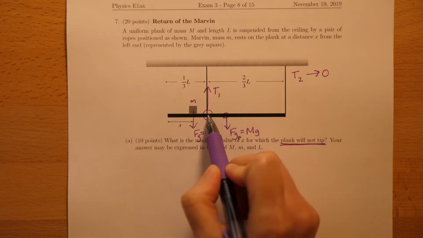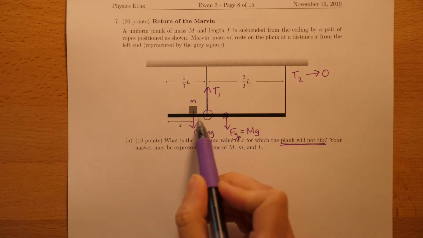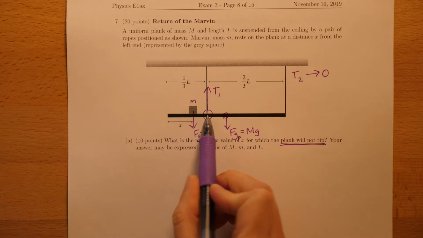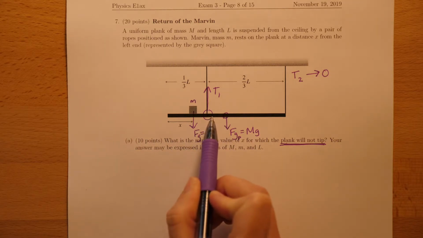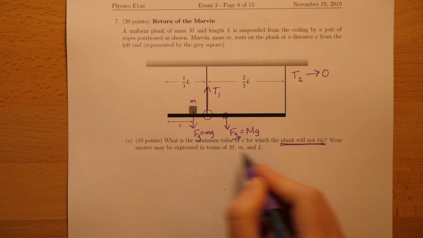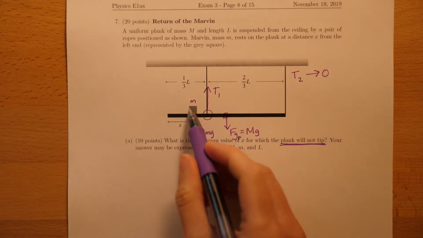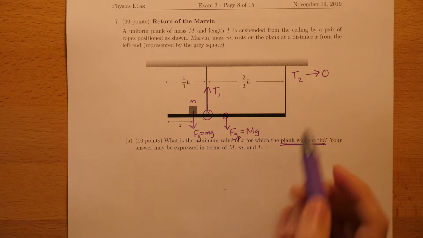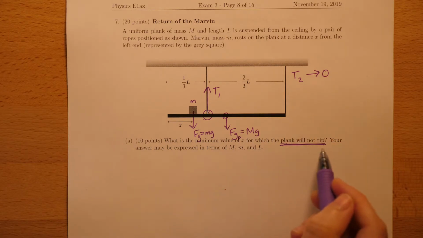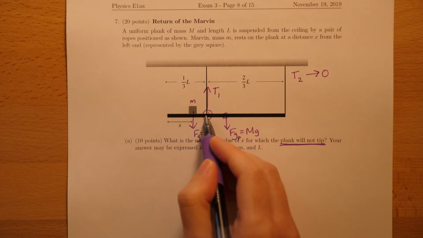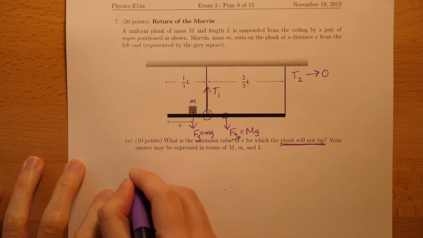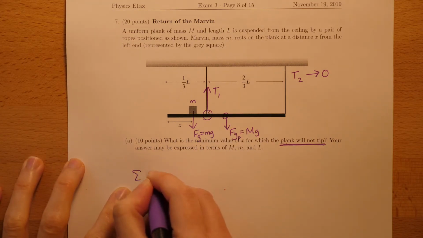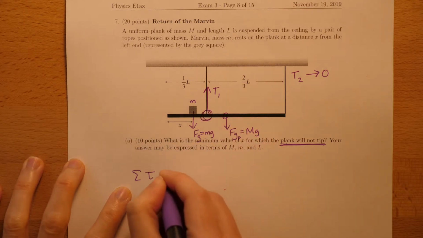So I'm going to use the condition of static equilibrium, because we want the very second where this whole thing is just balanced around this point so that T2 is not carrying any weight. So let's pick this as our pivot. We want the sum of the torques around this pivot to be 0.